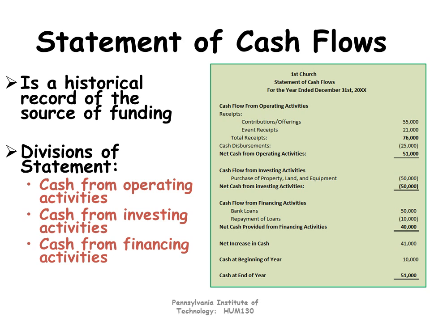So the fact that most of their money that they have is from a bank loan is not as healthy as if they did not have the bank loan being their primary source of funding. However, keep in mind that they did spend $50,000 on the purchase of property, land, and equipment, which means that they're investing in something specific.